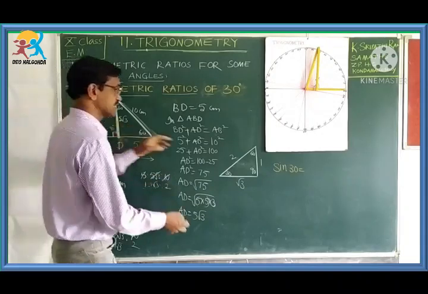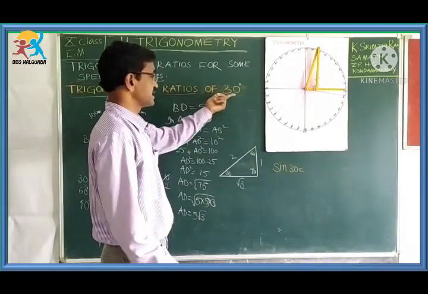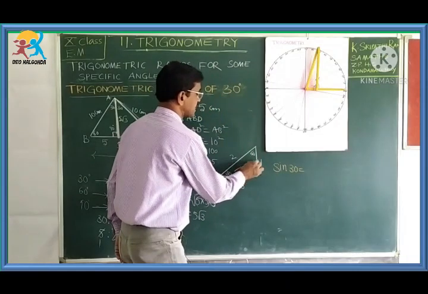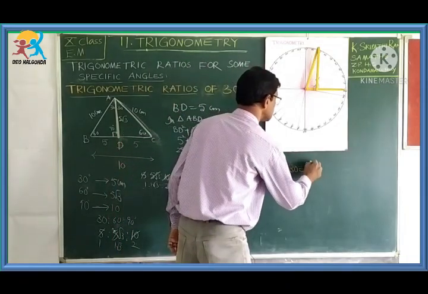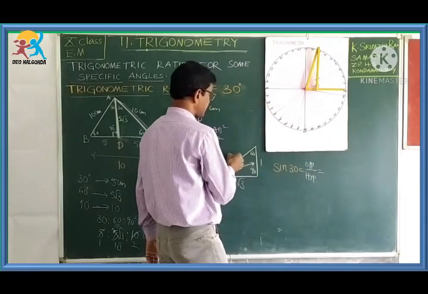I have taken this ratio to understand the trigonometric values for 30 degrees easily. Sin 30 degrees is opposite side 1, so opposite side by hypotenuse is equal to 1 by 2.